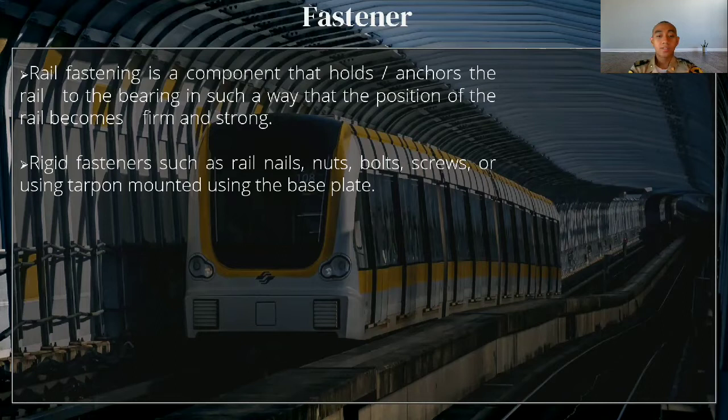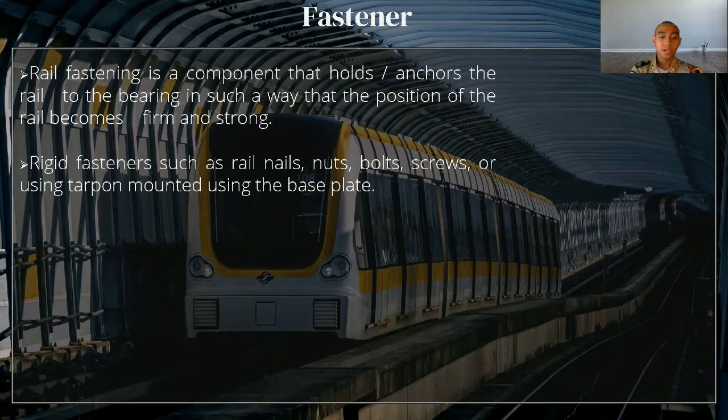Rigid fasteners such as rail nails, nuts, bolts, and screws are using tarpon mount using the base plate. Generally, these rigid fasteners are used on old railway lines. The characteristic of rigid fasteners is that they are always mounted on wood or iron bearings.